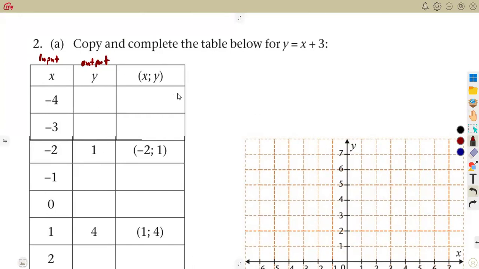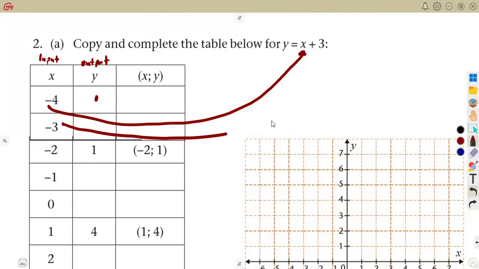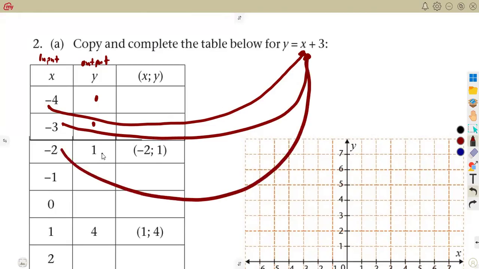It simply means I have to substitute the x value in this equation to obtain the y value. I have to substitute this x value here to obtain the y value. I have to substitute this minus 1 here to obtain the y value. That is the concept.